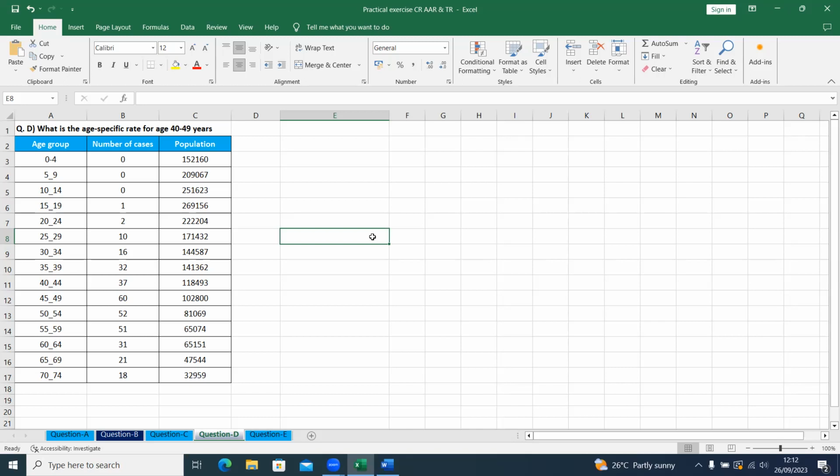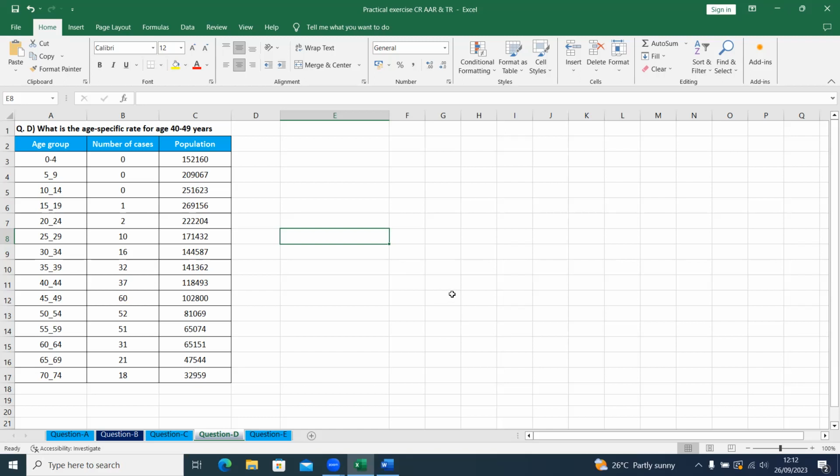We have to calculate the age specific rate for the age group 40 to 49, combined for 40 to 49.